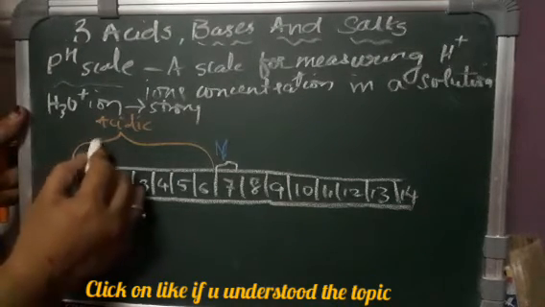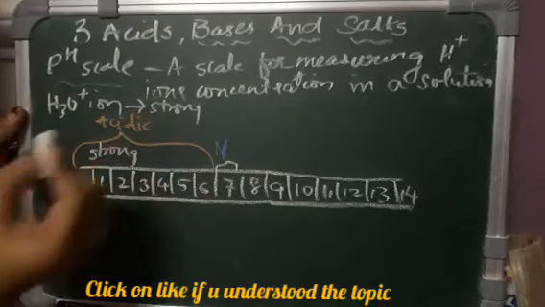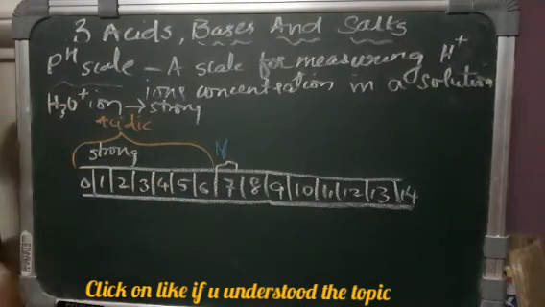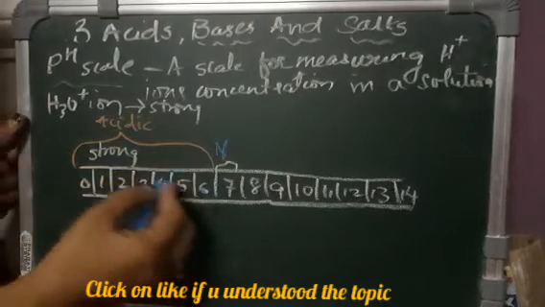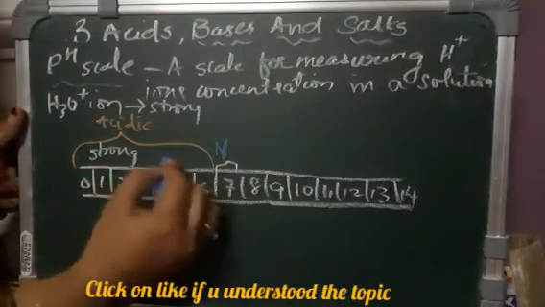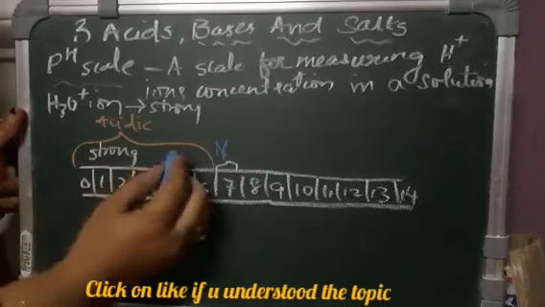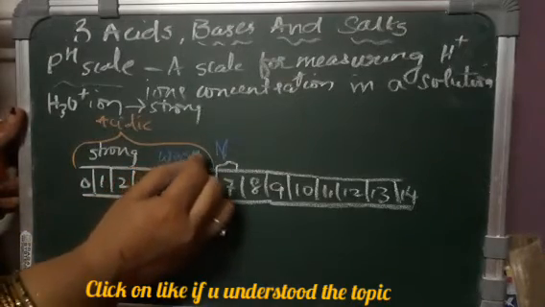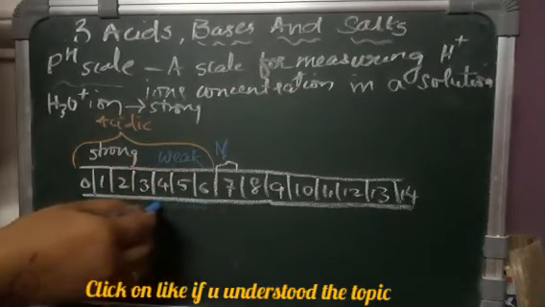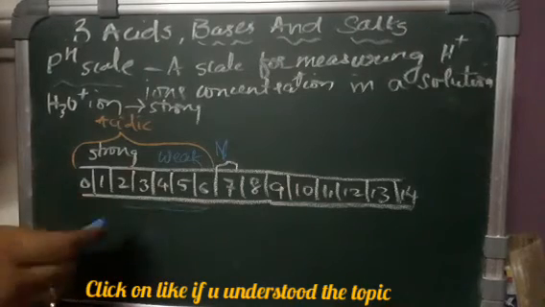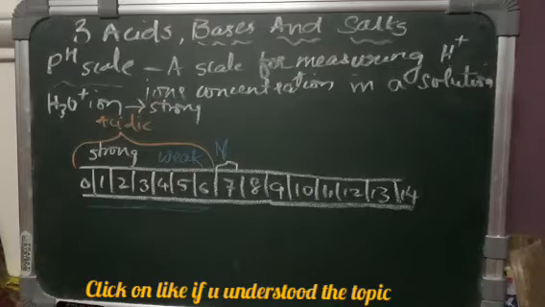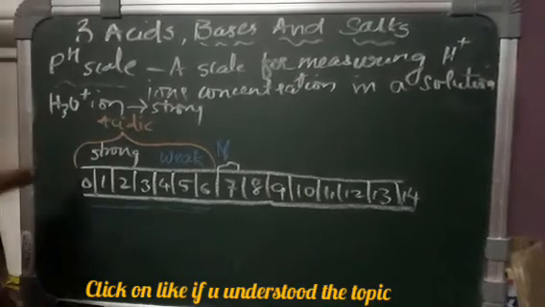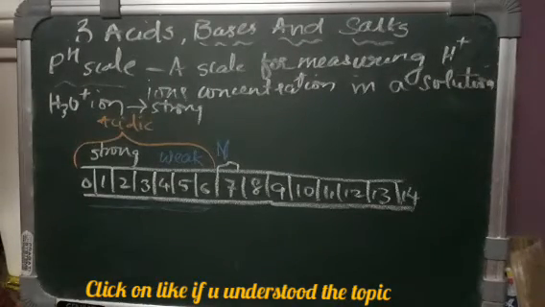The more the concentration of H3O plus ions, the stronger it is. Whereas this is a little bit lesser than these, so you can say they are weak. Whichever acid has a reading between these, you can say they are weak acids, and those getting these readings on the pH scale are considered strong acids.